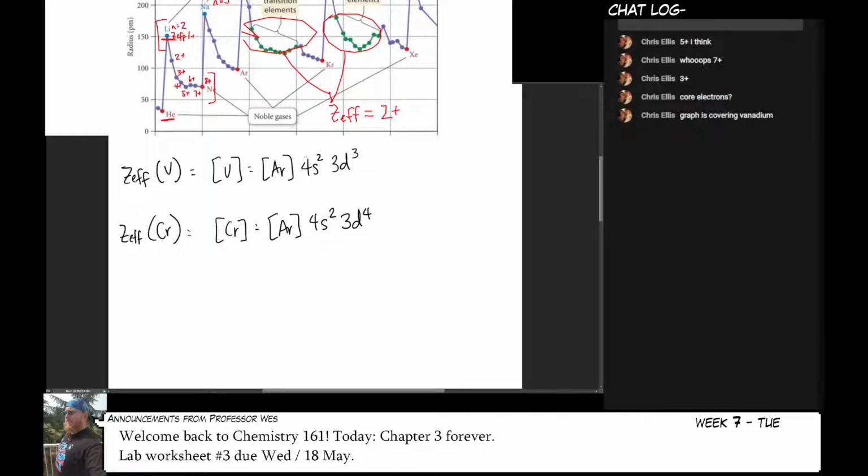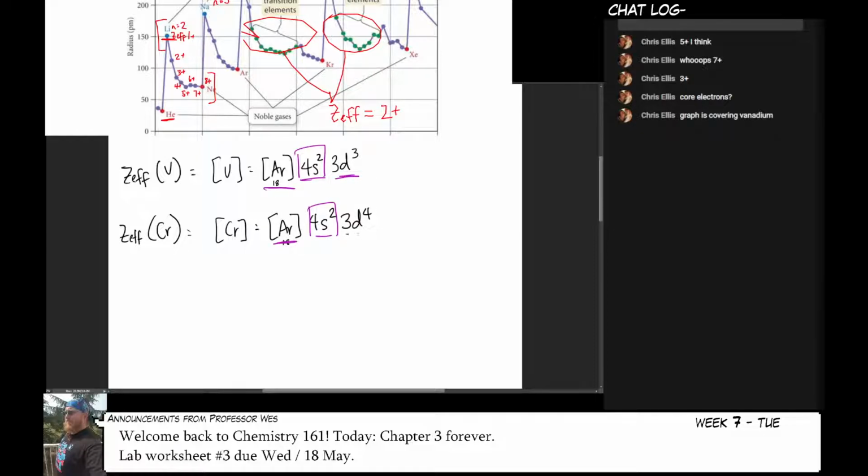All right. And in argon, there are 18 electrons. We'll just write that down here. So let's underline the core electrons and circle the valence electrons. So here's my valence, and then here's my core.